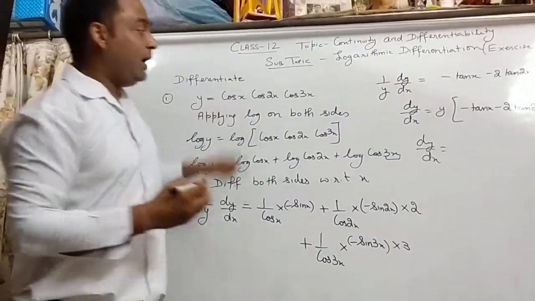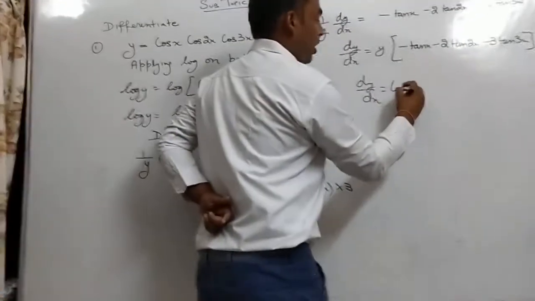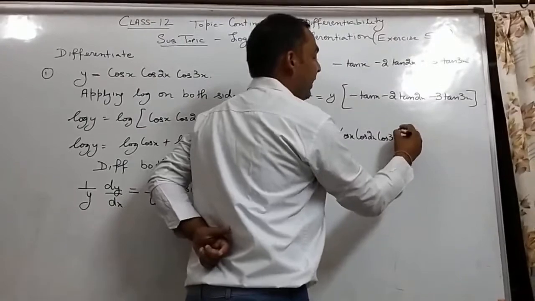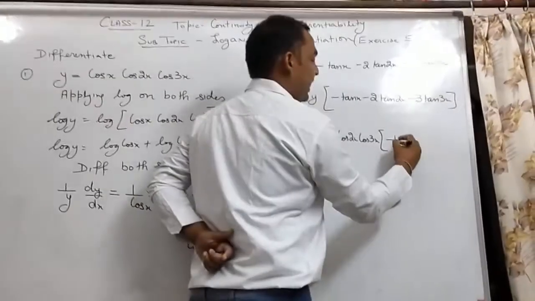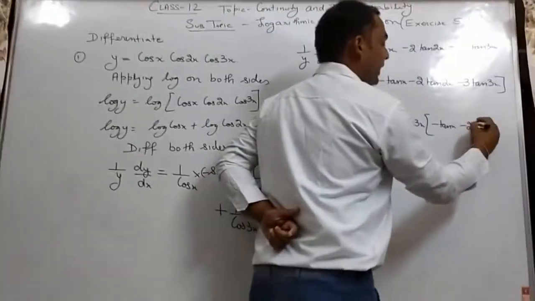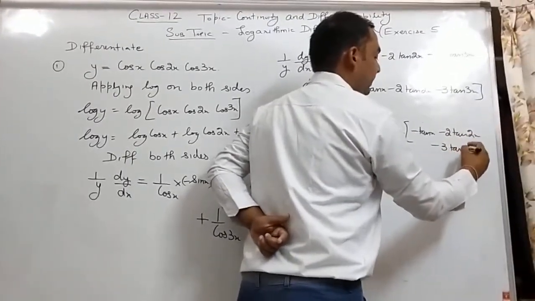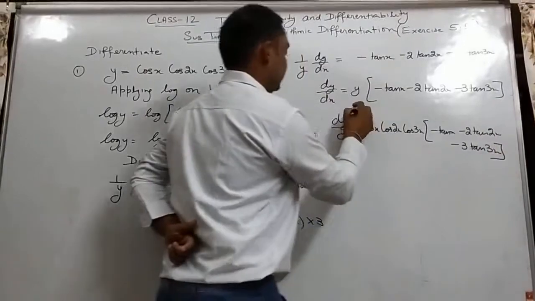So putting the value of y, that is cos x cos 2x cos 3x, and remaining term as it is, minus tan x minus 2 tan 2x minus 3 tan 3x. This is the answer.